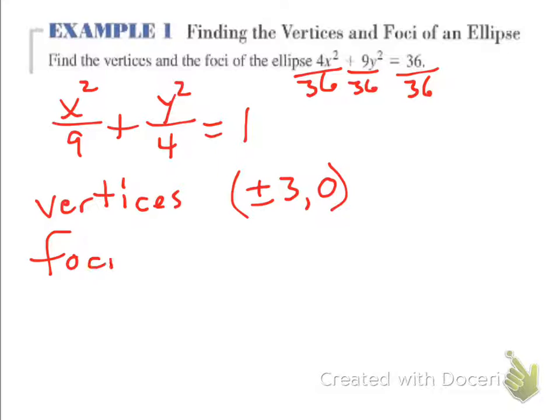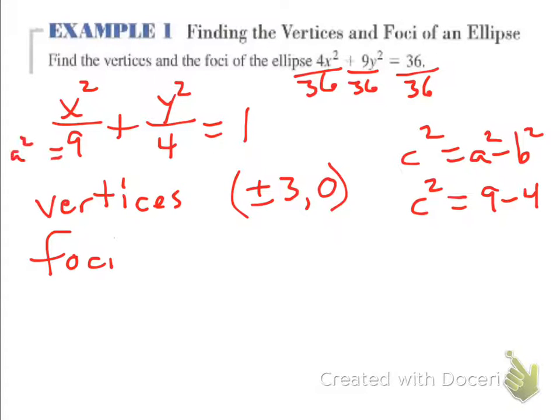Now our foci. We have to do c squared equals a squared minus b squared. That's the formula we have to use for an ellipse. So c squared equals 9 minus 4. That's a squared, that's b squared. So c squared equals 5, c equals plus or minus radical 5.